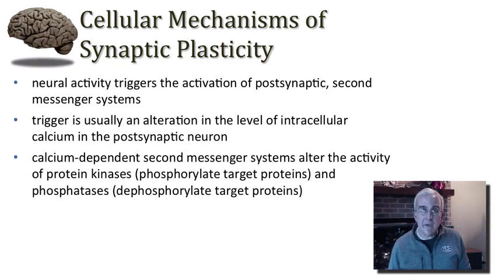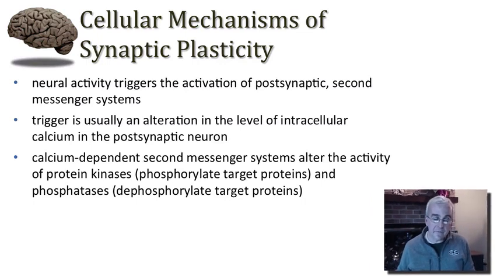One category is the protein kinase family of enzymes. These are enzymes that phosphorylate target proteins, and that's often a means of turning on that target protein. Another category is phosphatases, and phosphatases are enzymes that dephosphorylate target proteins.